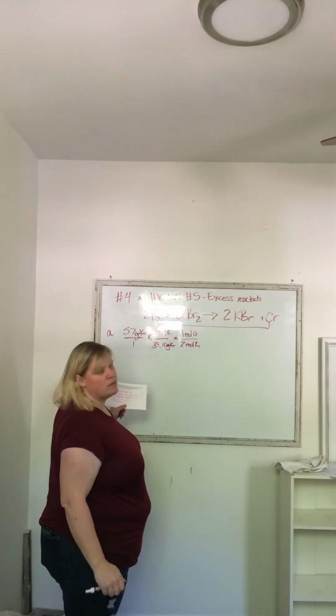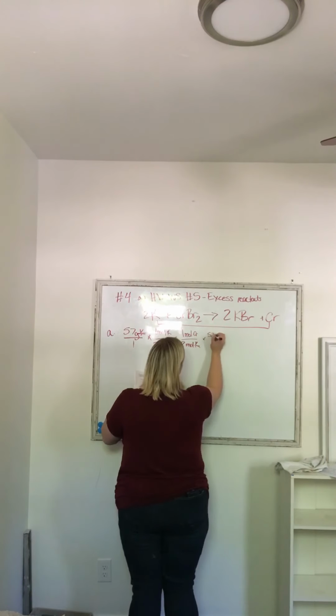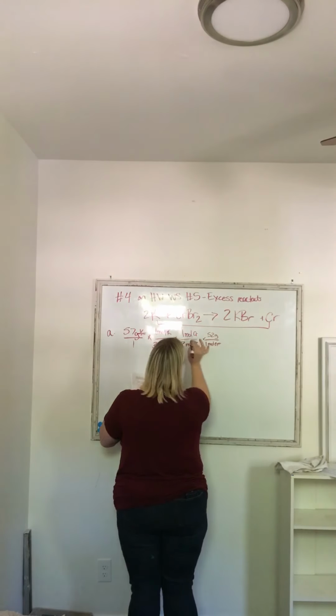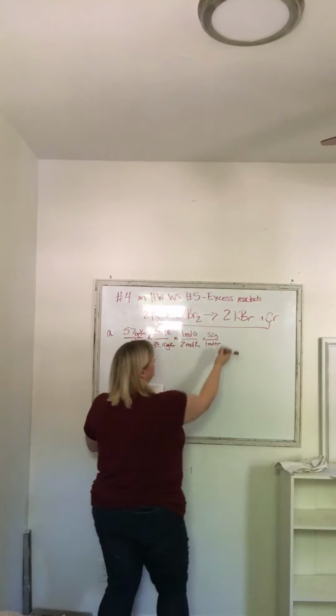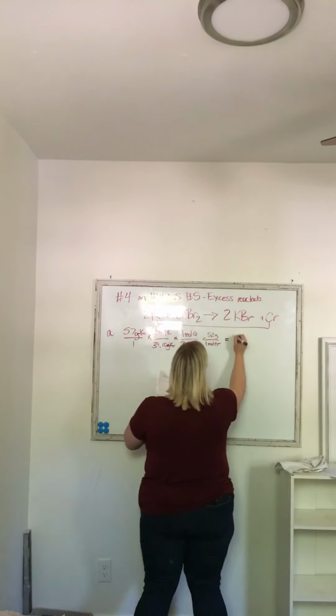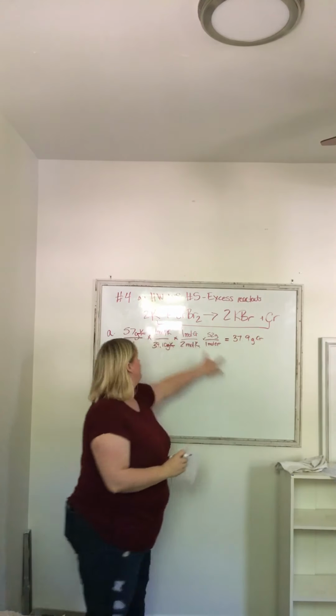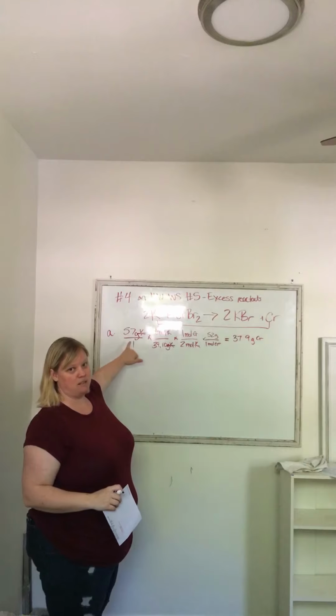We need to use our molar mass of chromium, which is 52 grams. So we have our 52 grams over our 1 mole of chromium. Okay, so now we are back into mass, which is what we wanted, and we would produce 37.9 grams of chromium if we start with 57 grams of potassium.